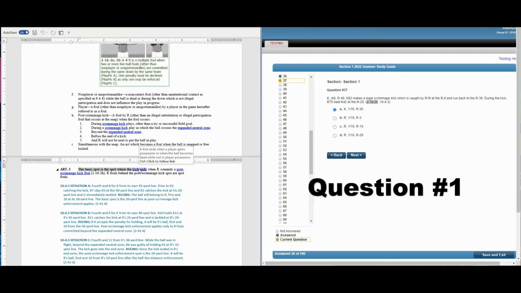Okay? So we've got a foul by R that meets all of the criteria for a post-scrimmage kick foul. The end of the kick is the R6. So K accepts the penalty. We're going to go half the distance to the goal line. It will be 1st and 10, K at the R3.